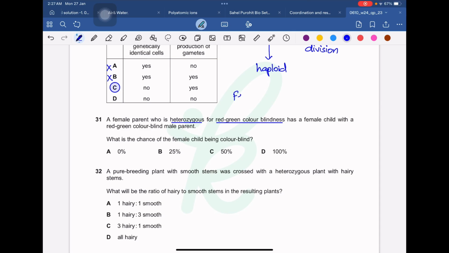So in this case, the female will have the genotype X capital B, X small b, whereas the male is colorblind, so the genotype for the male will be X small b Y. Now, let us do a cross for that.